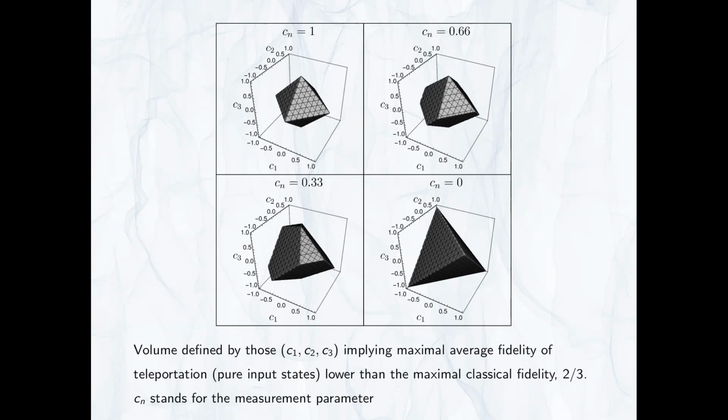If you decrease the entanglement in your measurement, then your volume is greater. So you get something like truncated tetrahedrons.